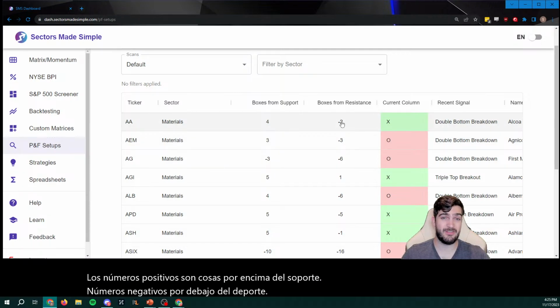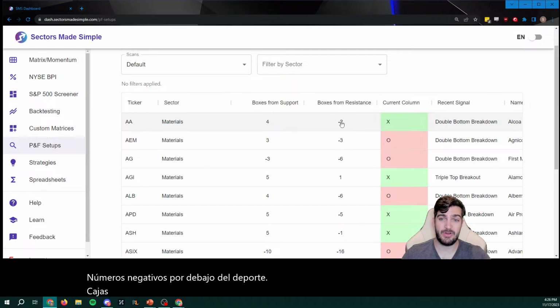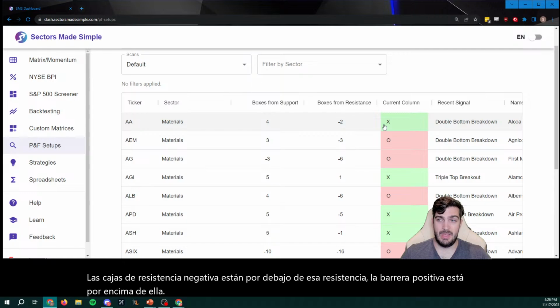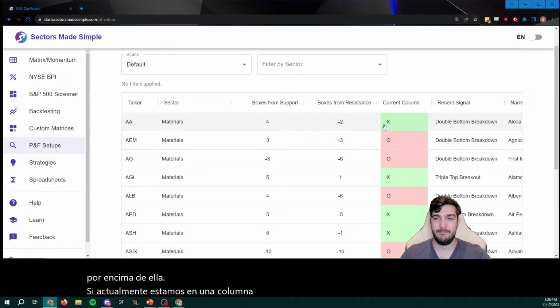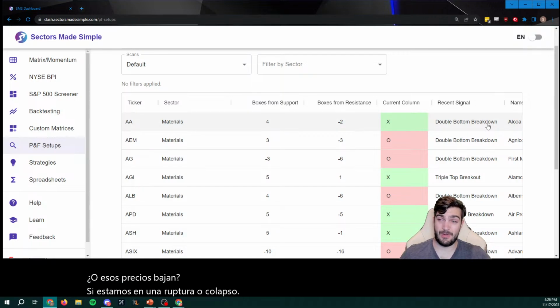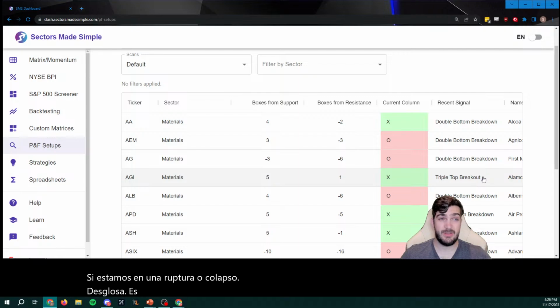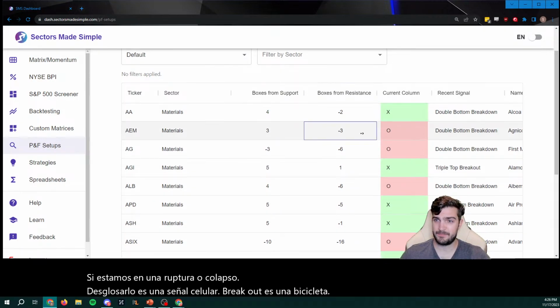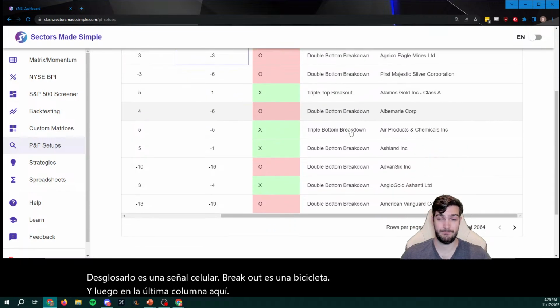Boxes from resistance, negative is below that resistance barrier, positive is above it. If we are currently in a column of X's, so price going up, or O's, price going down. If we are in a breakout or breakdown, breakdown is a sell signal, breakout is a buy signal. And then on the last column here, we have the name.